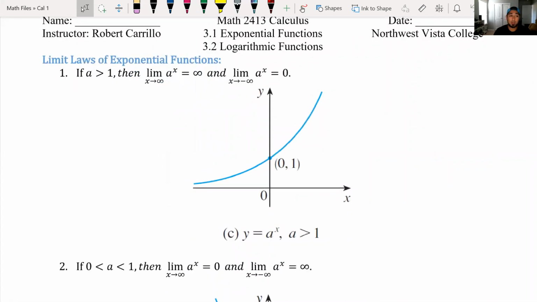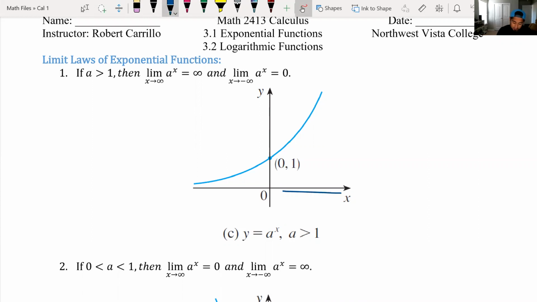So, limit laws for an exponential function. If the base of an exponential function is greater than 1, then the limit as x approaches infinity for the exponential function a to the x will be infinity. And the limit as x approaches negative infinity for the exponential function a to the x will be 0, as shown by the graph below.